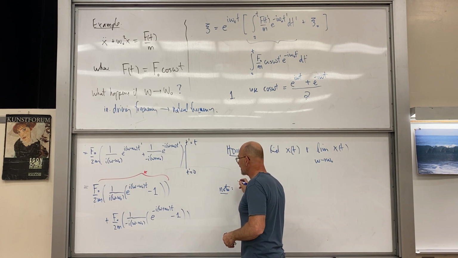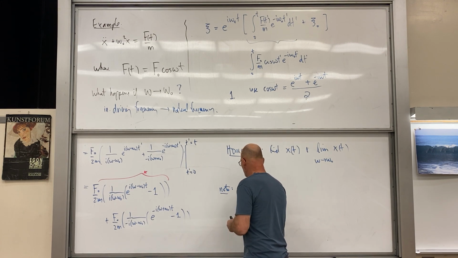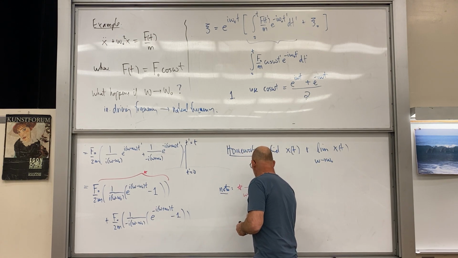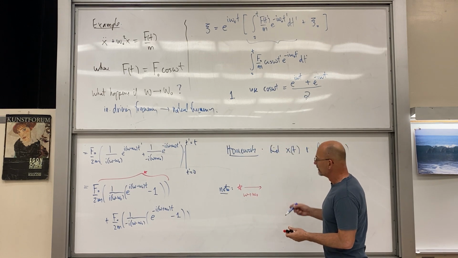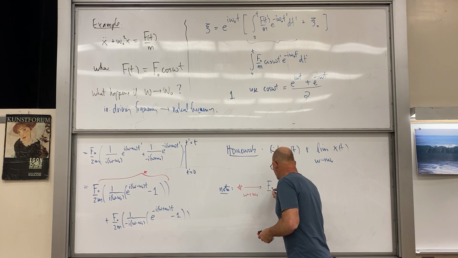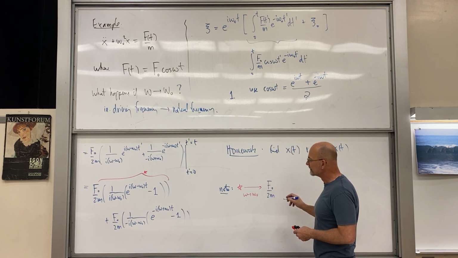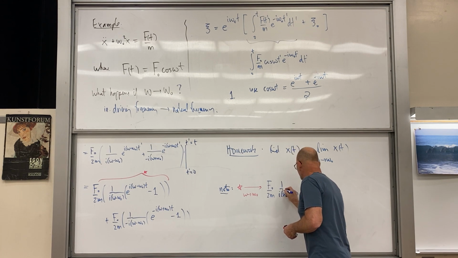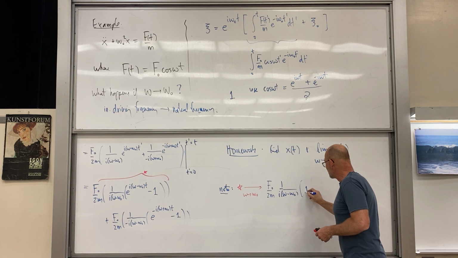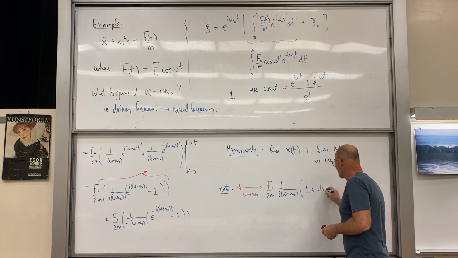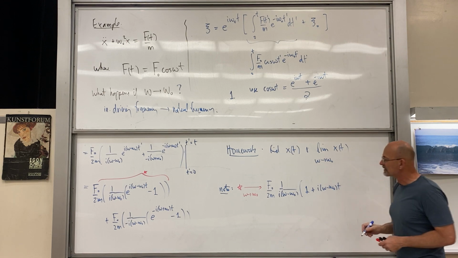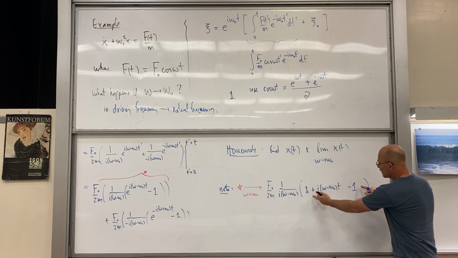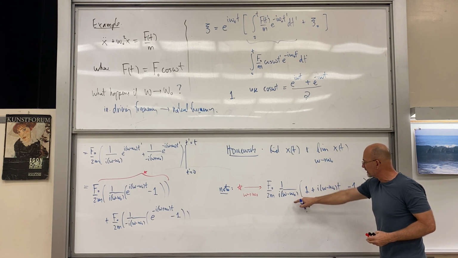So we have this red star here, which goes to, as omega goes to omega naught, F naught over 2m times 1 over i(omega minus omega naught) times [1 plus i(omega minus omega naught)t minus 1]. Okay, and look at that. These go away. This cancels against the denominator.